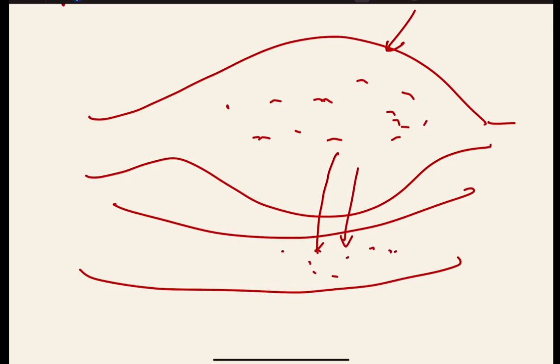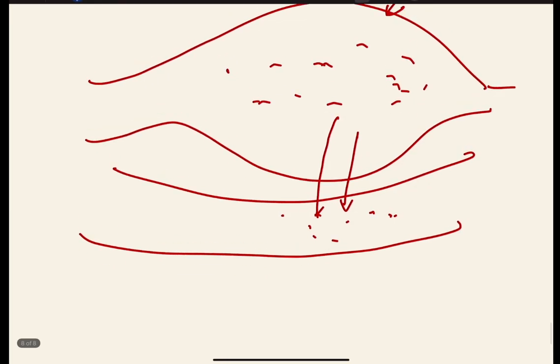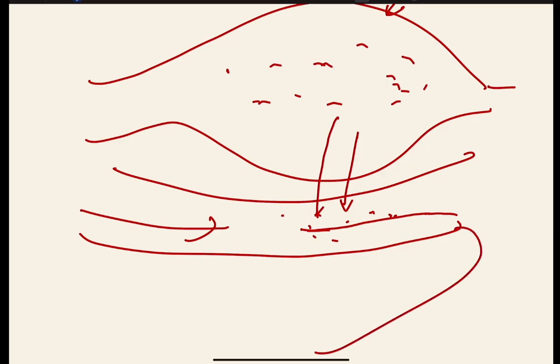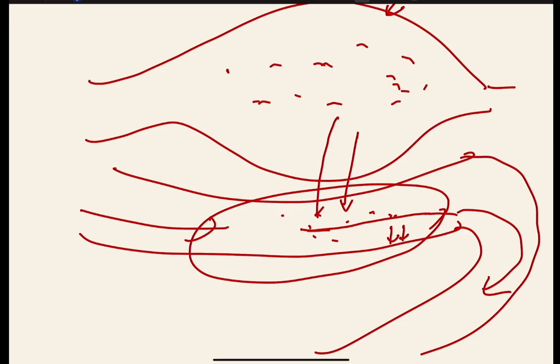If there is good blood flow, the drugs will be taken away by the blood from this area to the remote area, and there will again be a decrease in the concentration of the drug in this particular area of the plasma, and there will be more absorption of the drug.